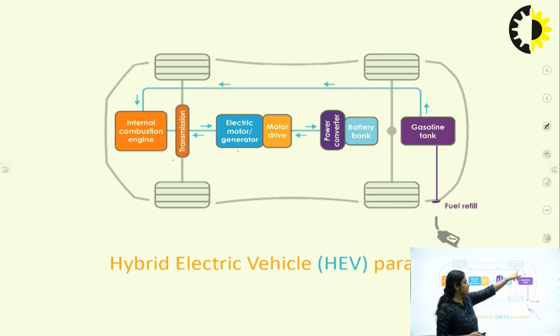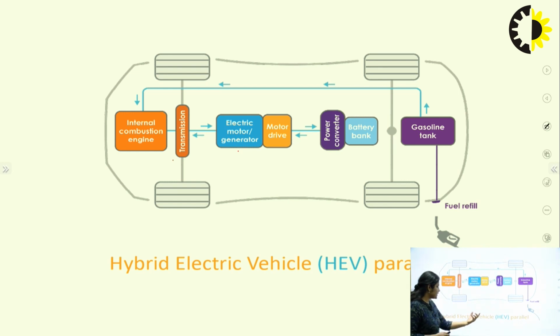This is the fuel tank, and here the ignition process takes place in the internal combustion engine, and it goes to the transmission line. So energy flows from the battery to the electric motor, and from the gasoline tank to the engine. If both energies flow parallelly and go through the transmission, that is called the parallel hybrid.